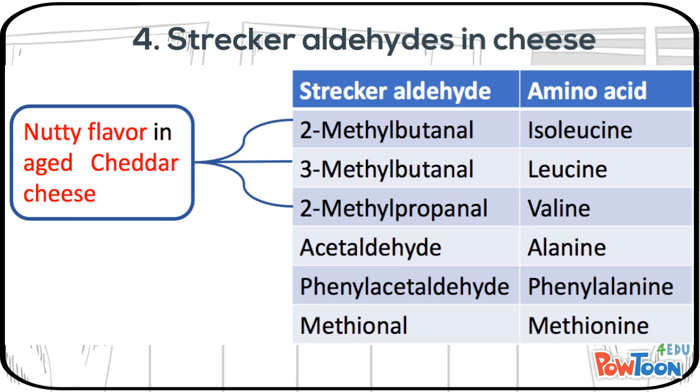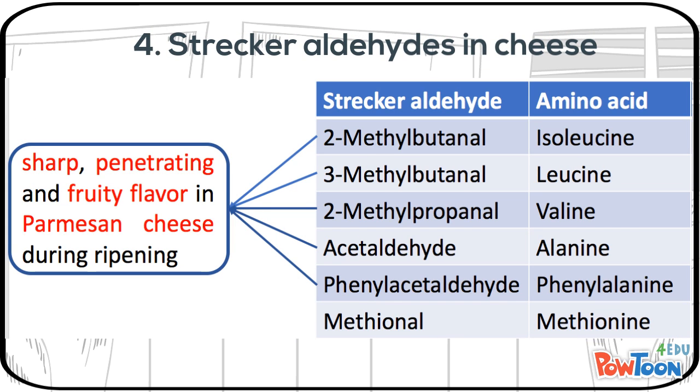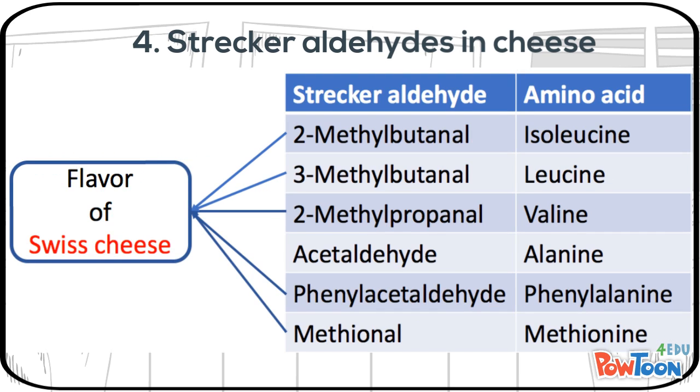In Parmesan cheese, three of them combined with acetaldehyde and phenylacetaldehyde can contribute to the formation of a sharp, penetrating, and fruity flavor during cheese ripening. In Swiss cheese, some Strecker aldehydes were also detected, including 2-methylbutanal, 3-methylbutanal, 2-methylpropanal, phenylacetaldehyde, and methional.